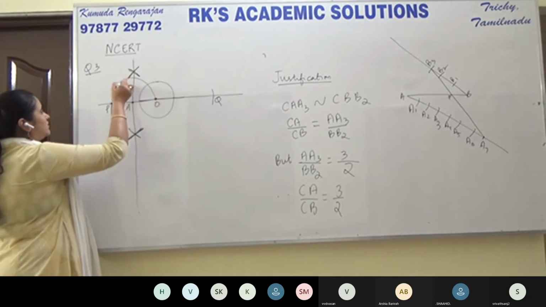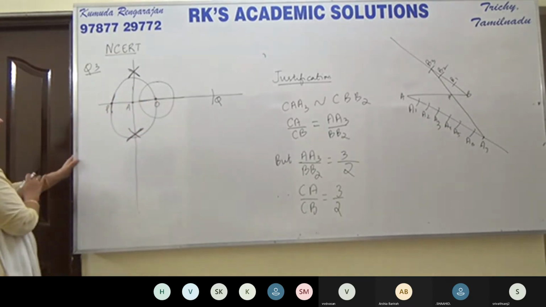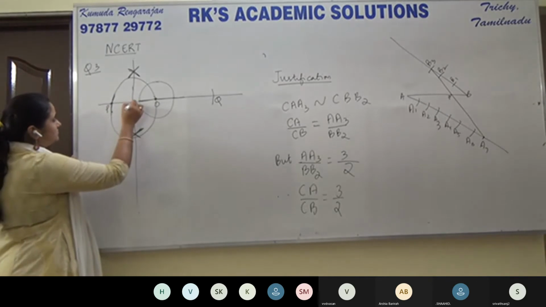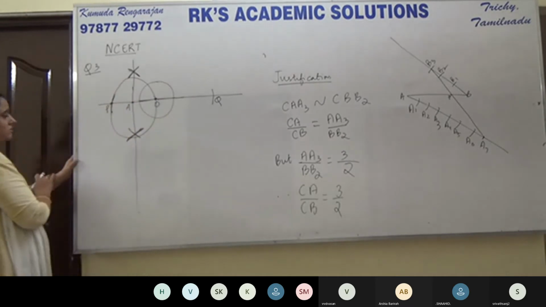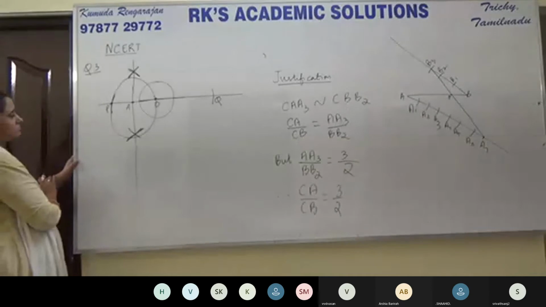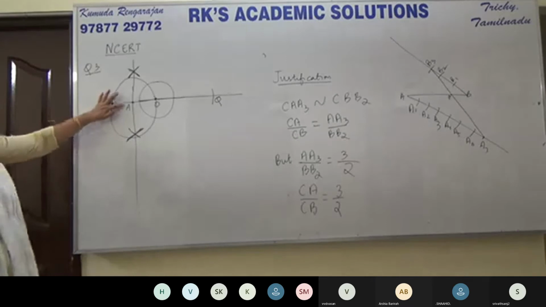Sorry, it looks like an oval, excuse me. So this is what you have to do. With A as center and AO or AP as radius, you need to draw a circle. Do it. With A as center, just take my instructions.